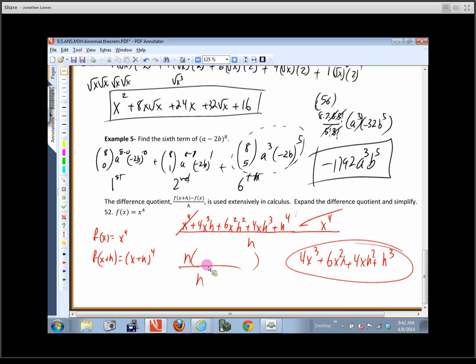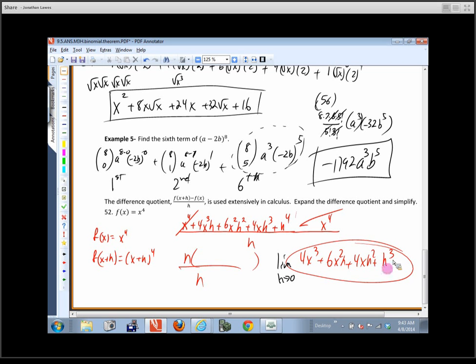That is one tiny step away from solving a calculus problem. One tiny step. The only thing we do in calculus to finish this off is we put this little word, lim, which stands for limit, and this means as h goes to 0. So what would happen to this if h turned into a 0?